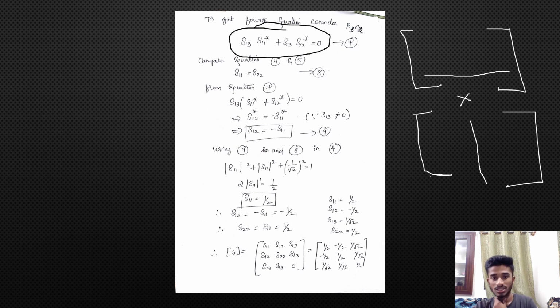Using the ninth equation, the sixth equation and the fourth equation, we are going to find another equation, which is S11 the whole square plus S11 the whole square plus 1 by root 2 the whole square is equal to 1. So these two become 2 S11 the whole square, and we bring this towards the right hand side.